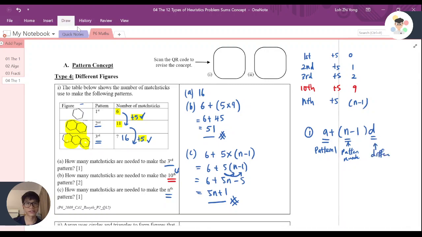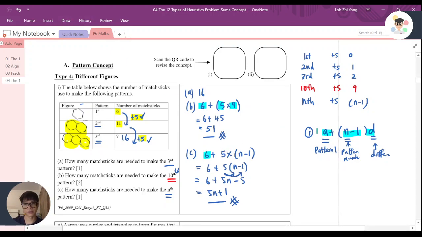And actually this is exactly what we are doing here. A basically means the first term, n minus 1 we know is 9 in this case, and d basically means the difference, which is 5. Can you see that? Okay. And you will notice that C is what we're doing exactly also.